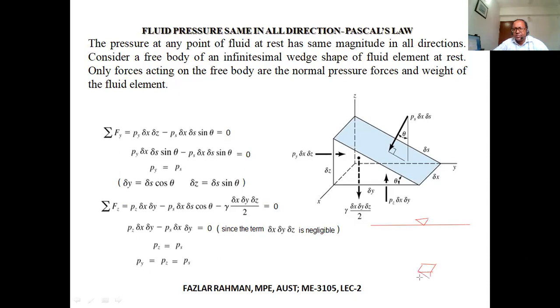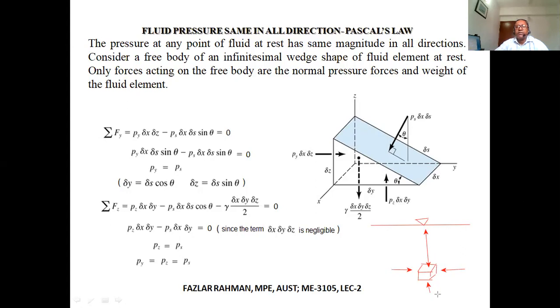Say this one. So how much will be the pressure at that surface? It depends on how much the height is, right? You can figure out P equal to rho g H. This will be the vertical pressure, but how much will be the pressure on this side, and also from the bottom?